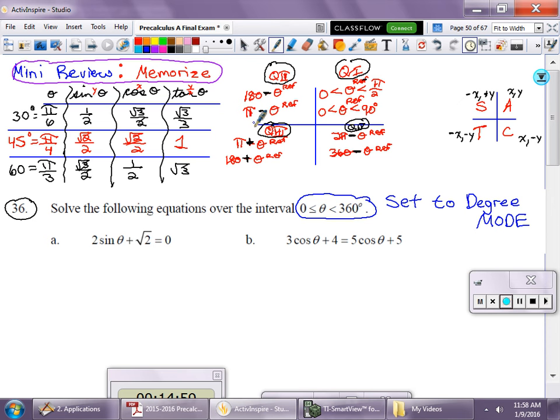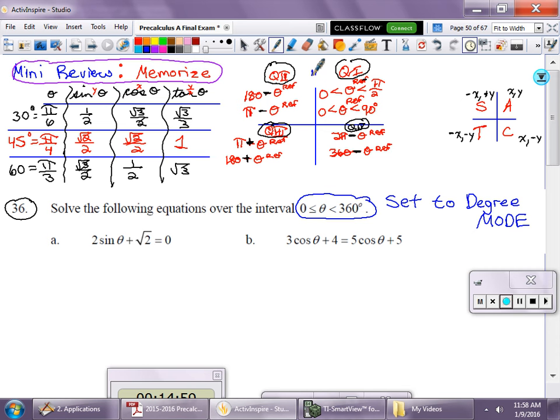Angles measured in the second quadrant require us to rotate counterclockwise, and since we have to move to the left to find that angle, we must subtract from 180. What are we subtracting? The reference angle. The definition of a reference angle is an angle that lies greater than 0 and less than 90, or between 0 and pi over 2.